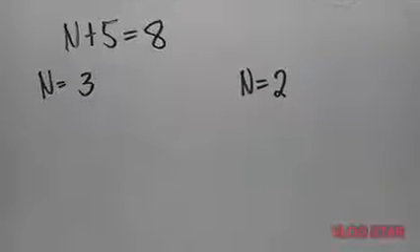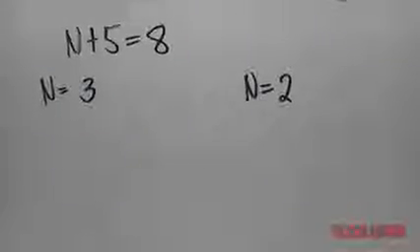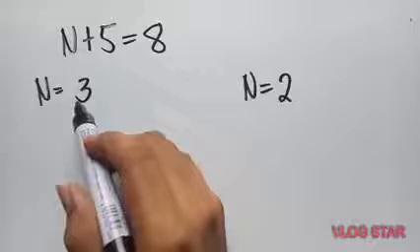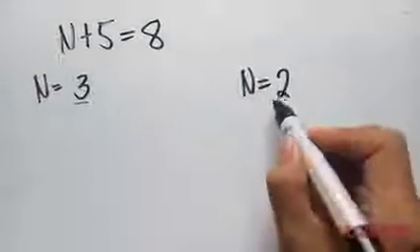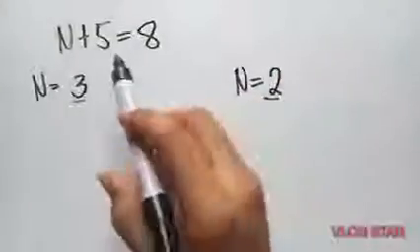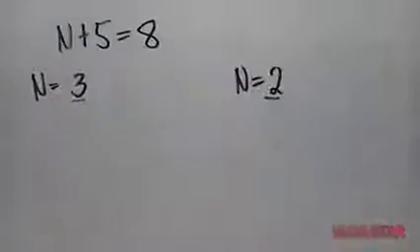So we have an equation here, n plus 5 is equal to 8. So let's find out if the numbers 3 and 2 are solutions of n plus 5 is equal to 8.